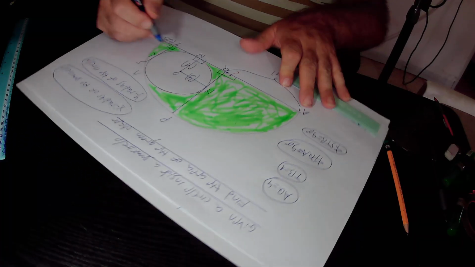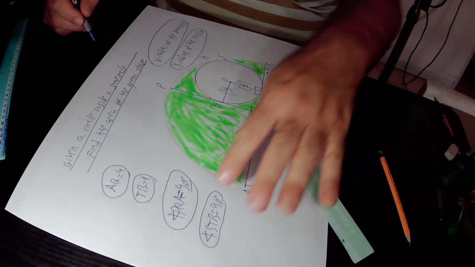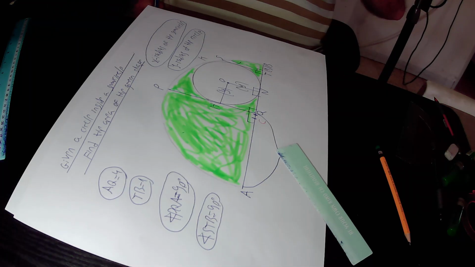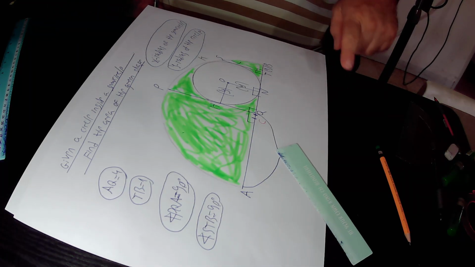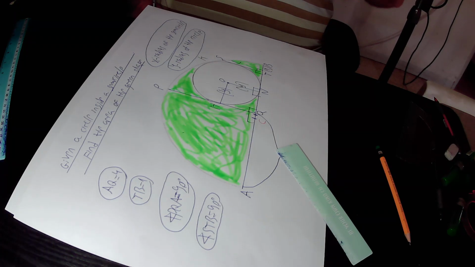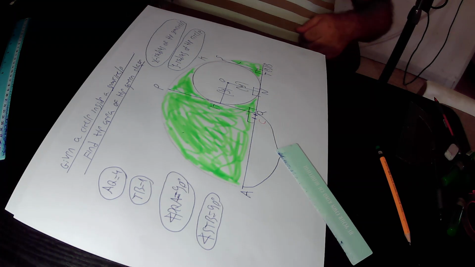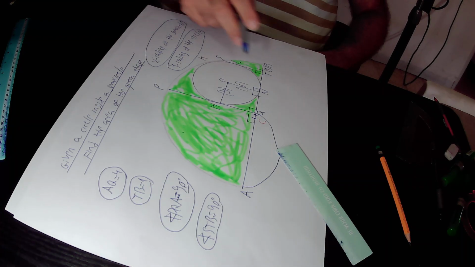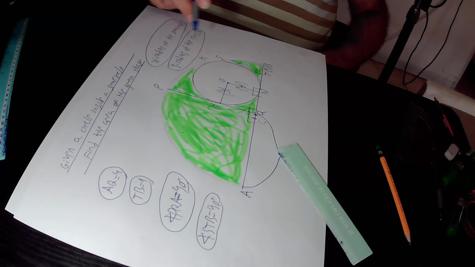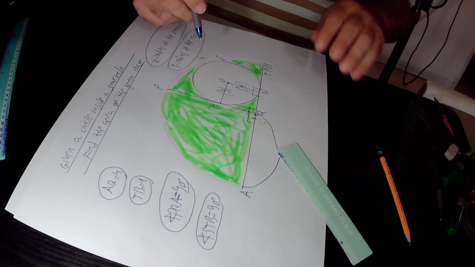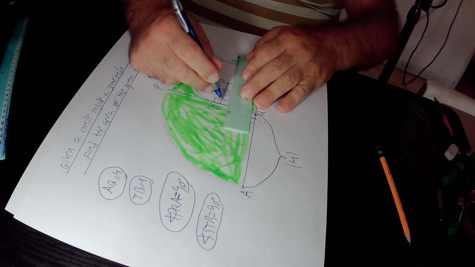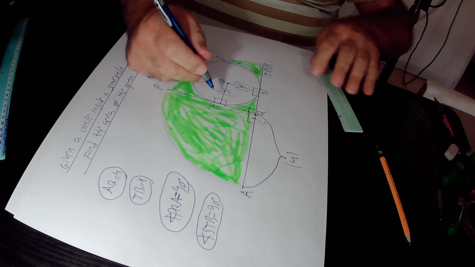The radius OH is drawn to point H, that is the point of tangency of tangent PQ with this small circle. And whenever a radius is drawn to the point of tangency, then tangent PQ will be perpendicular to the radius HO. If PQ is perpendicular to HO, it means that this angle equals to 90 degrees, and this angle also equals to 90 degrees, according to the same rule, rule 1.